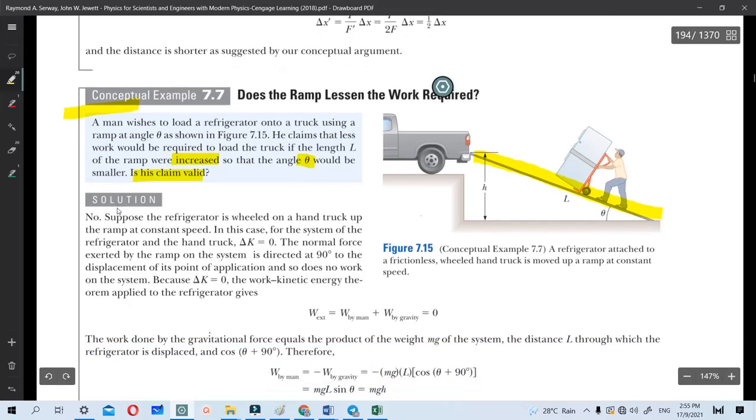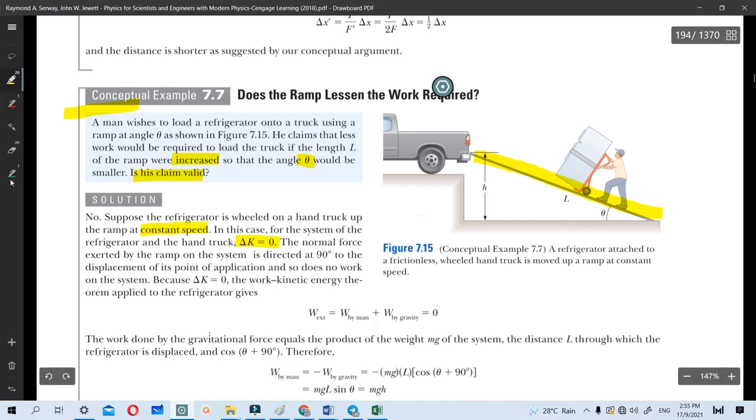Okay, now there is an additional piece of info to this question. The additional info that this question should say is that the refrigerator is to be wheeled at constant speed. So for that reason, the change of kinetic energy would be 0.